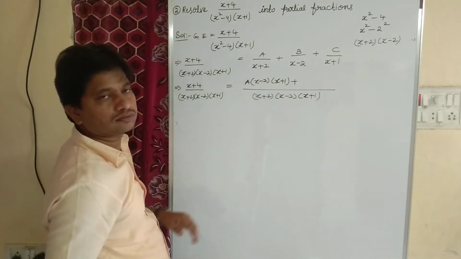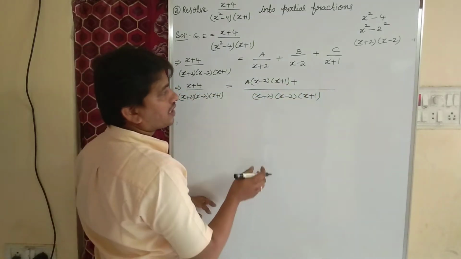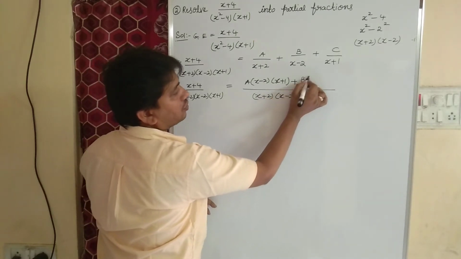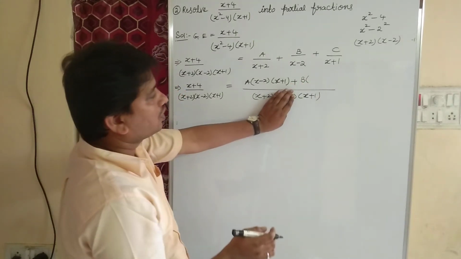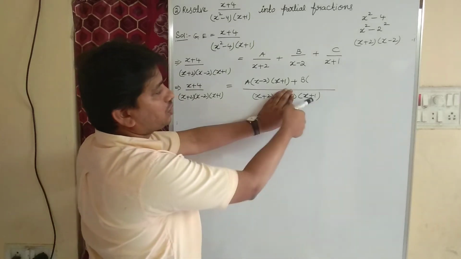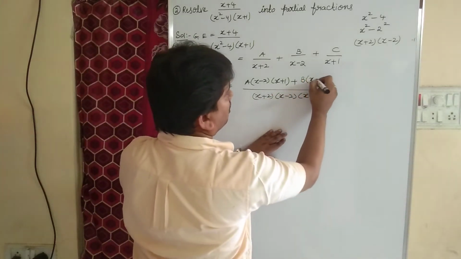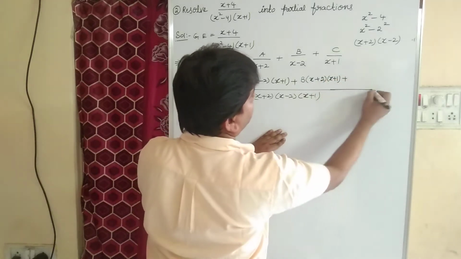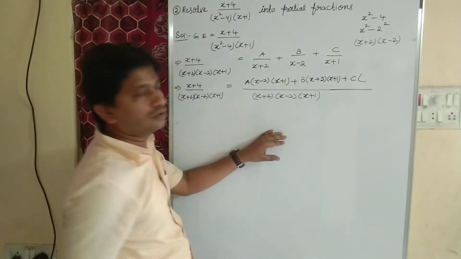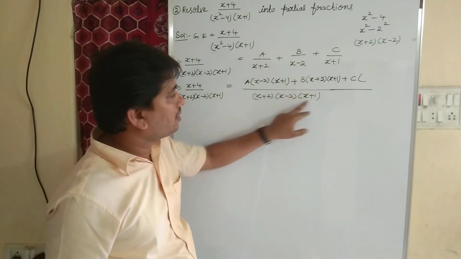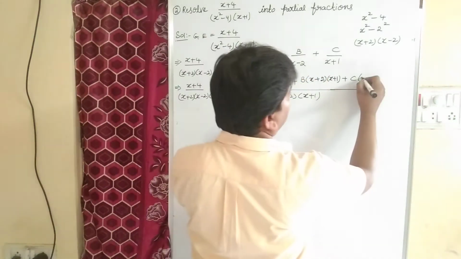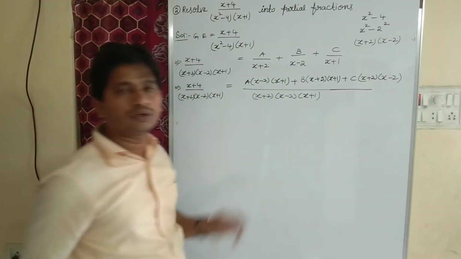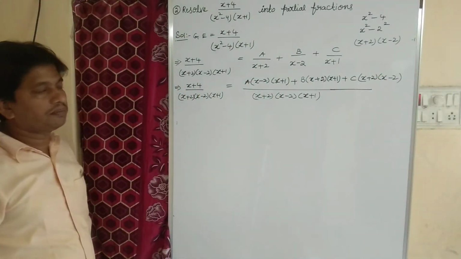Plus, now coming to the second term, already we have x minus 2, so b into, leave x minus 2, x plus 2 into x plus 1. Plus c into, already we have x plus 1 term, right? Remaining two terms are what? X plus 2 and x minus 2. Okay, children, is it clear this step?